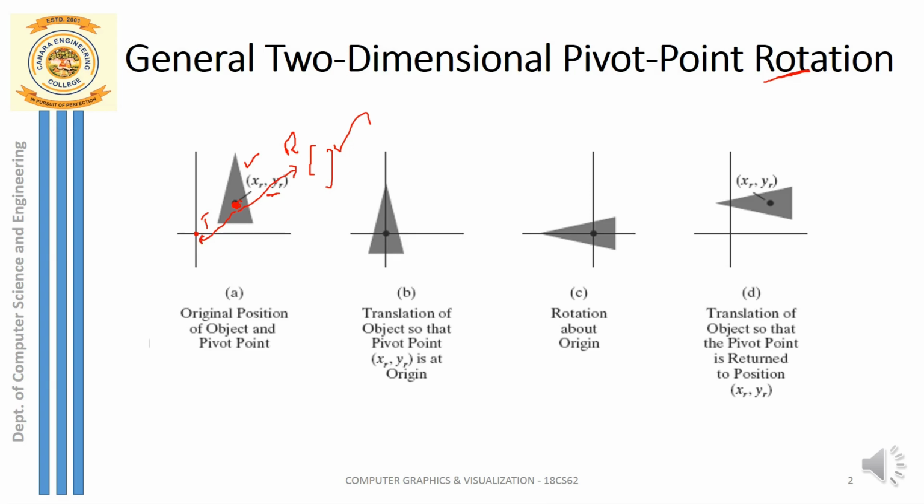You call it a reverse translation, and this reverse translation is just to get this pivot point, the fixed arbitrary point, to the origin. You can see here, after reverse translation, the triangle is shifted to the origin, and the pivot point is now the origin, xr yr equal to 0 comma 0.